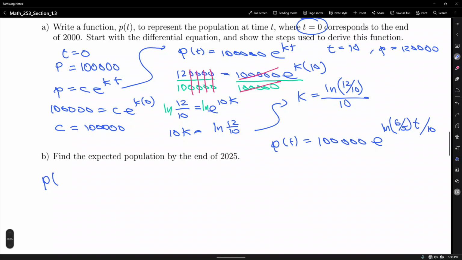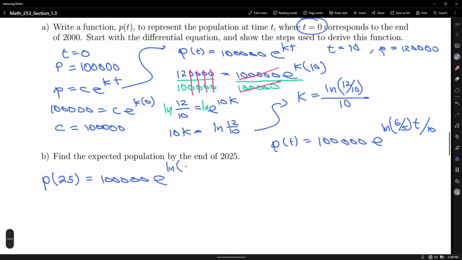We don't substitute the big number, because they're telling us to call zero whatever the initial year is and just count how many years from there. In this case, it starts from 2000, that's our natural zero for the situation, to 2025, simply substitute 25. And I don't think I have the result for this one, so please help me out with the calculators.